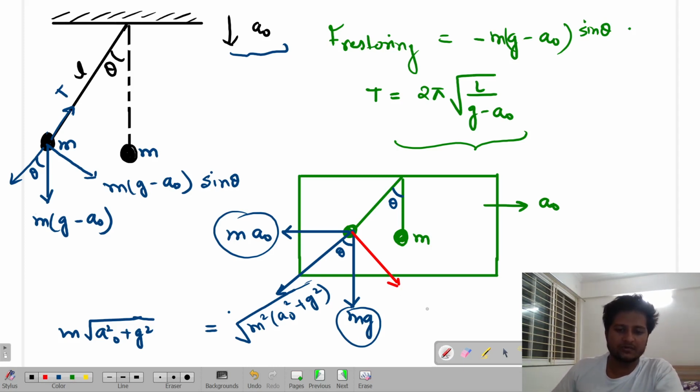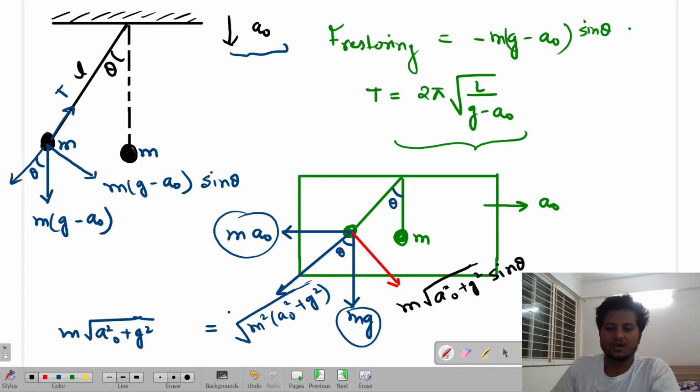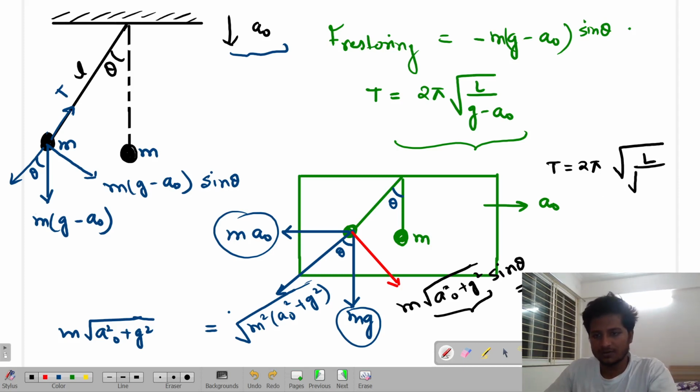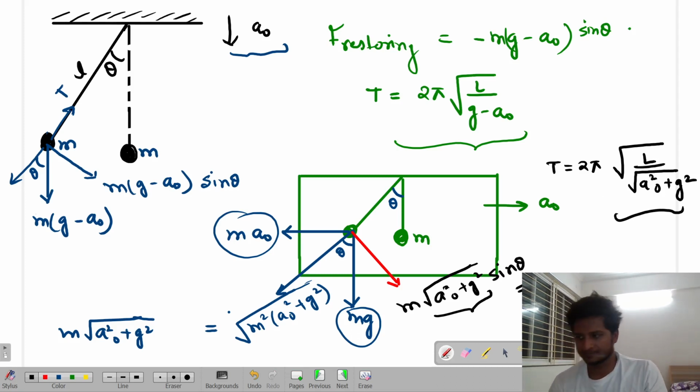If I write this equation, that is m root under a naught square plus g square into sine theta. So g effective is this term. So once again, time period becomes what? 2 pi root under L by root under of a naught square plus g square. That's my time period equation over here. Is that clear? Understood?